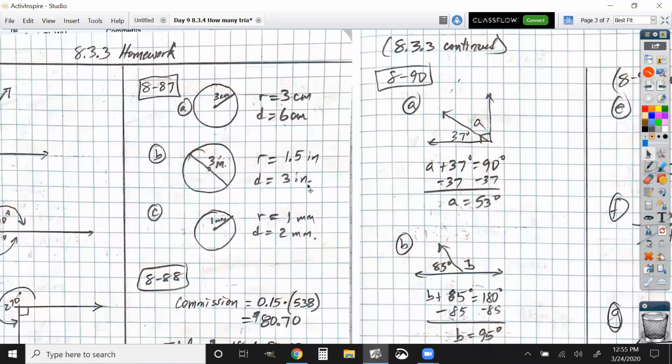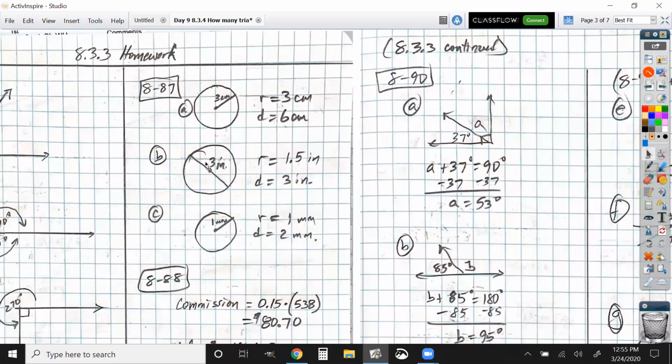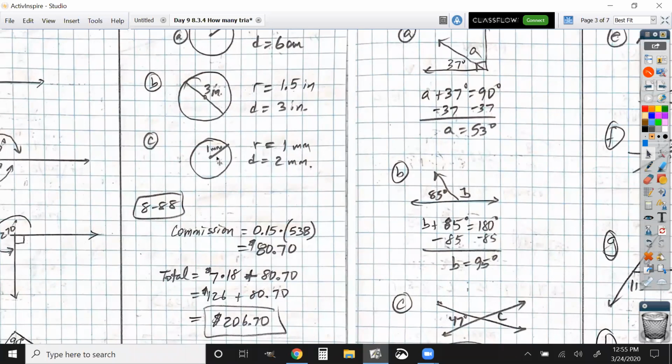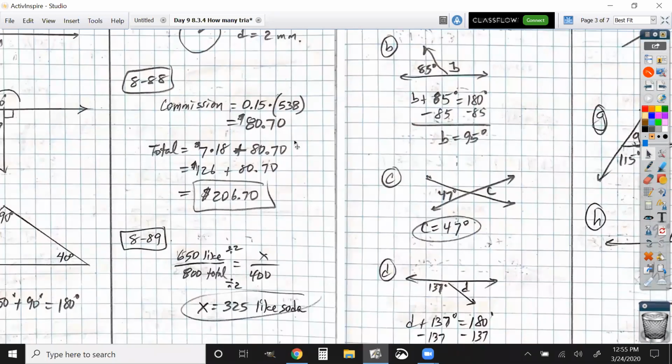Here's problem 87. If the radius is 3, the diameter is 6. If the radius is 1.5, the diameter would be 3. And in this picture, if the radius is 1 millimeter, the diameter is 2 millimeters. Problem 88, I used this method: 15% of 538.